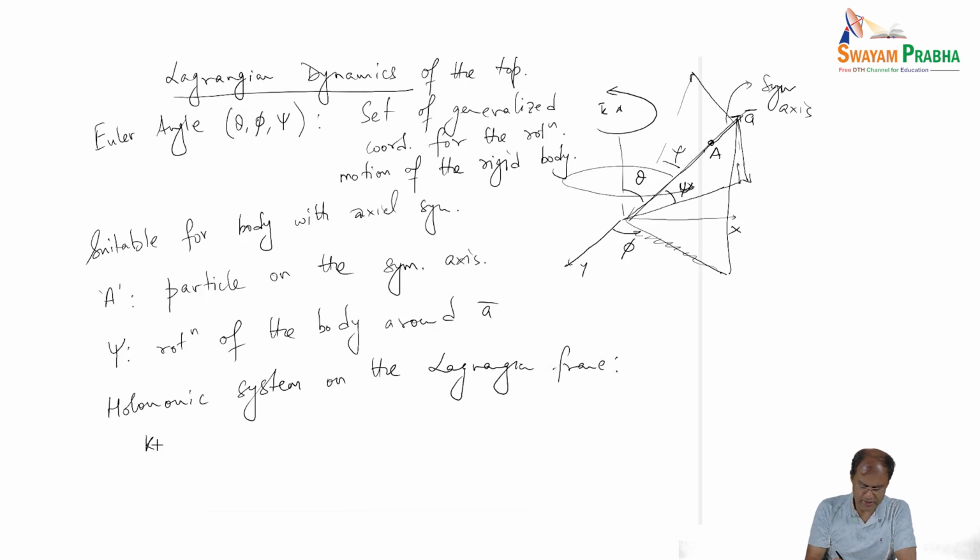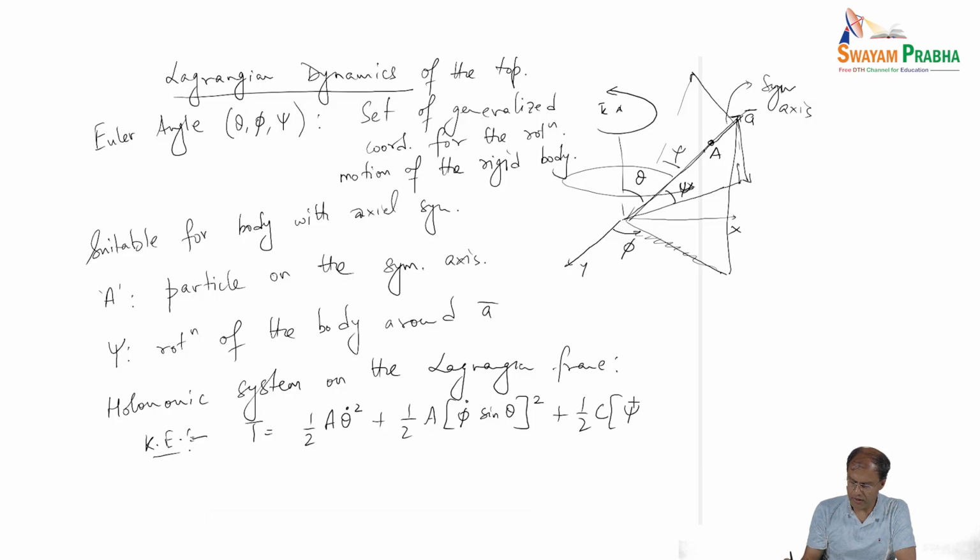So the kinetic energy is given by T = 1/2 θ̇² + 1/2 (φ̇ sin θ)² + 1/2 C (ψ̇ + φ̇ cos θ)².